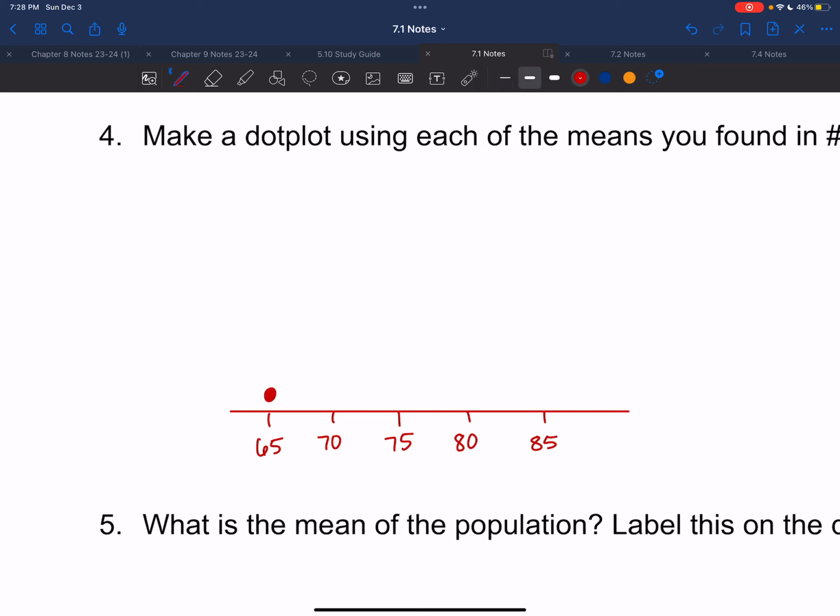I've got one 65, one 70, two 75s, an 80, and an 85. And don't forget, we've got to label it and give it a title. So this is a sampling distribution of x bar.